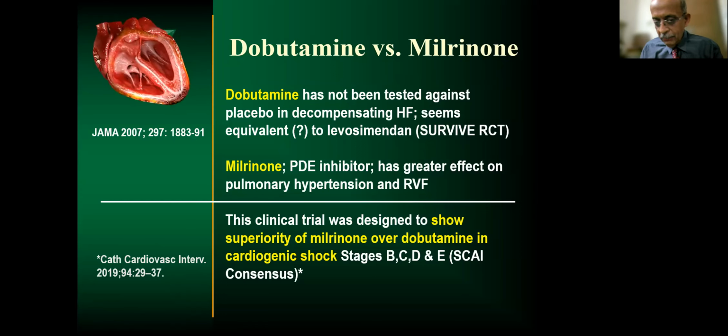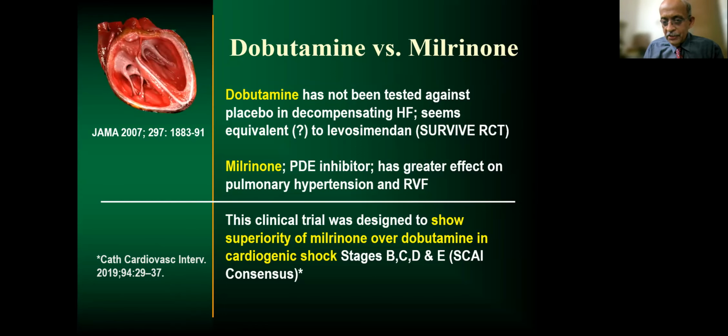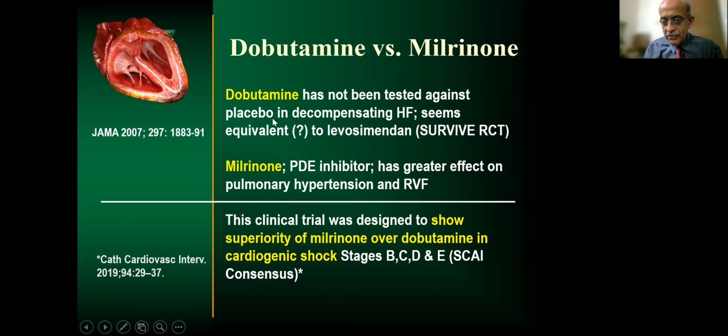Unfortunately, up to now, there has been no clear determination. Dobutamine, which is our typical choice, is not based on any hard data against a placebo, though it may be considered nearly equivalent to levosimendan, or certainly not showing a worsened outcome in comparison to levosimendan. We don't have any real data on the value of dobutamine.